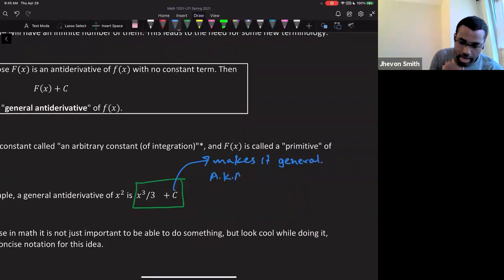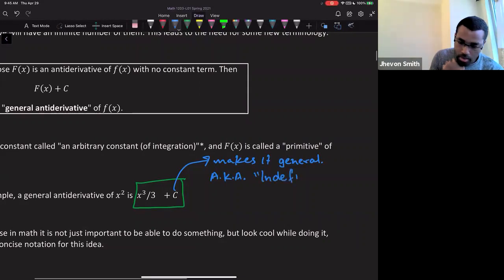Another way to say this is that it makes it indefinite. Why would we say indefinite? Because we don't really know what the plus c is. So it's kind of indefinite. I'm not definitely sure what this is. I just know there might be a constant there.